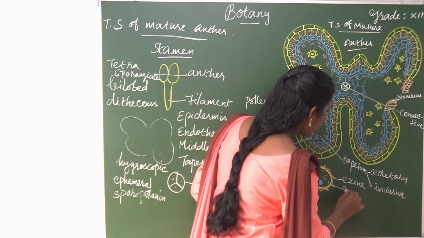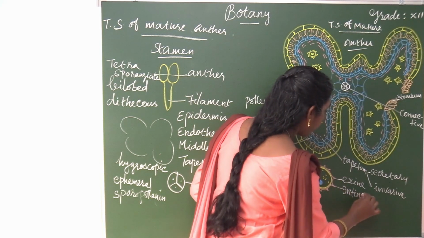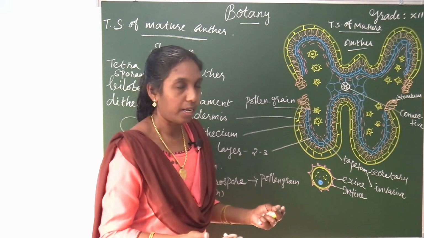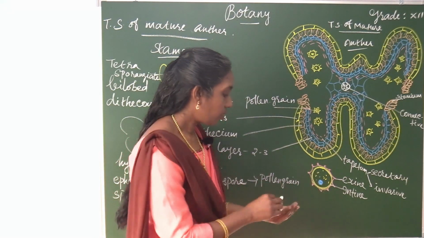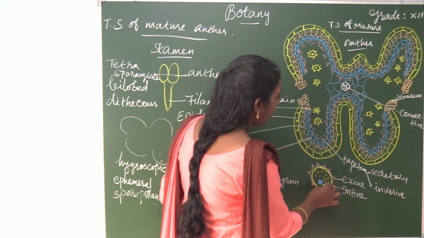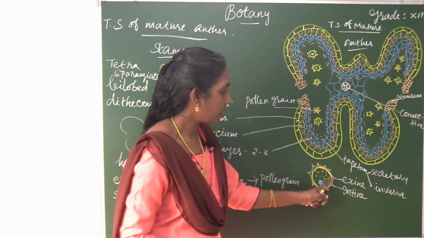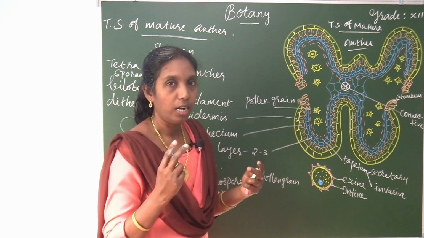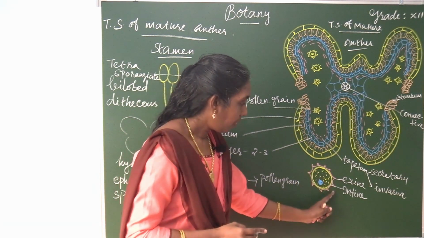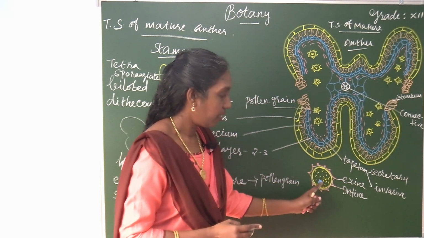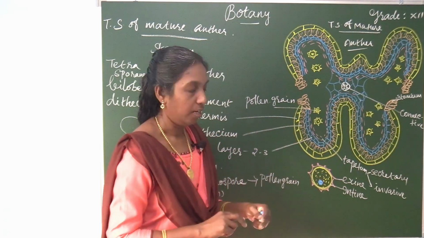This layer is intine. So, this is the structure of the pollen grain. Pollen grain consists of dense cytoplasm and nucleus, surrounded by two wall layers. The outermost wall layer is called exine and the innermost layer is called intine.